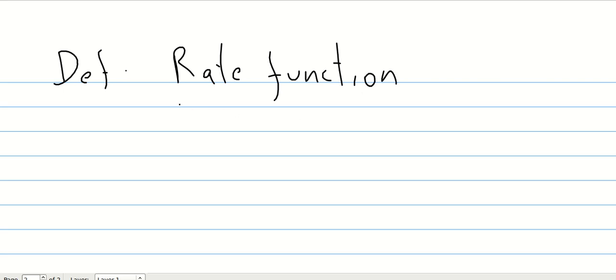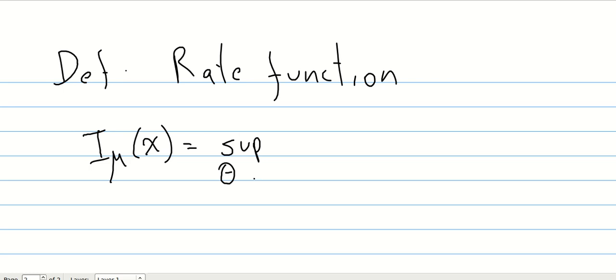Because it somehow measures the rate of decay. So the rate function for some measure is just going to be the supremum. Oops, sorry. It has an argument at x, and it's going to be the supremum over theta.